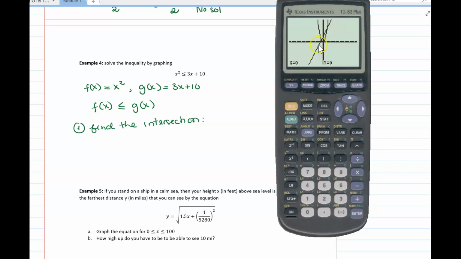So let's start with our first curve. So second, calculate, and we want to find the intersect. So the first curve and the second curve. So our first intersection is x equal to -2.